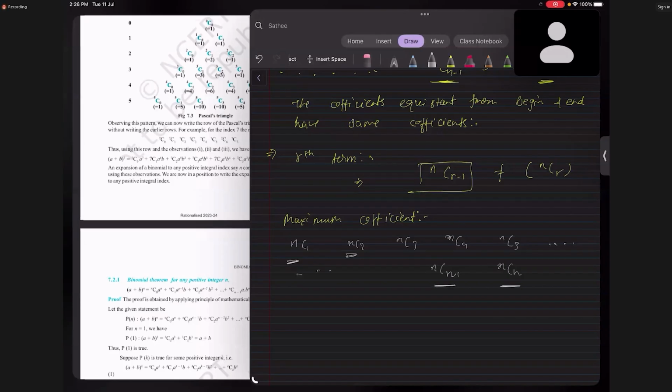Okay, there will be nC0, so this is the same, and this is the same. So you can assume this value will firstly be increasing up to a certain value, and then it will start decreasing. Okay, so there will be some maximum value of coefficient in between. So this maximum value is nothing but the mid value.